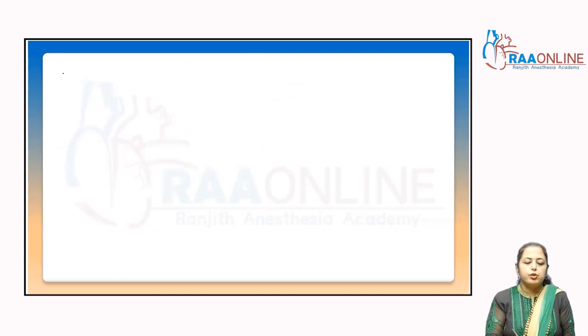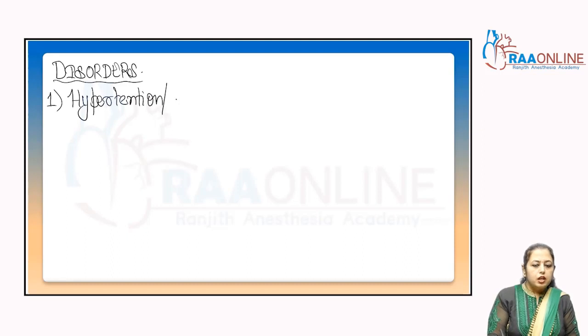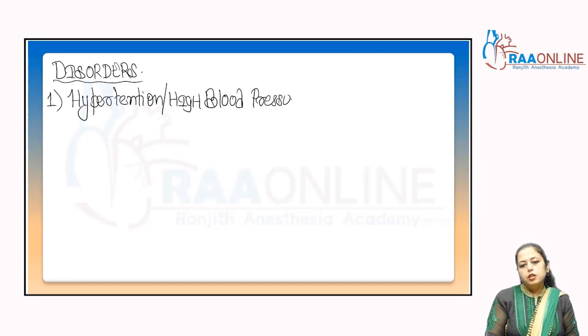Now come to the disorders. In disorders, the first one is hypertension, right? In general language, you know it as high blood pressure. So how can we evaluate whether the BP is high or low?